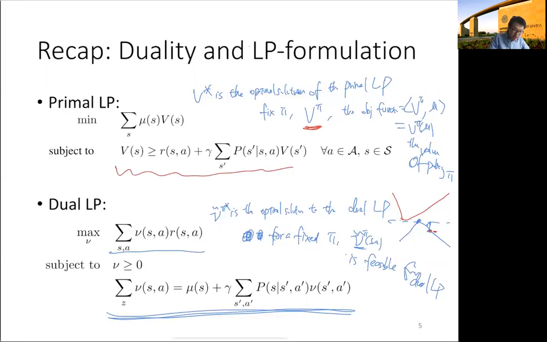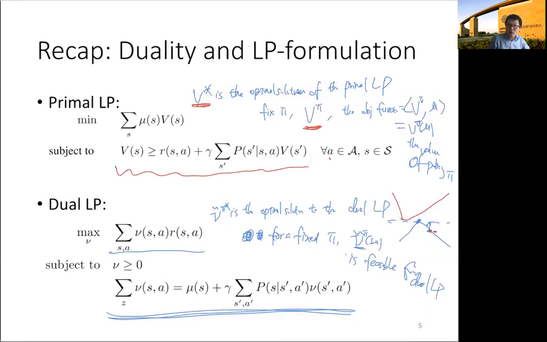Because the primal LP actually wants this inequality to hold for all state-action pairs, which is a property that is only satisfied for the optimal value function, right?